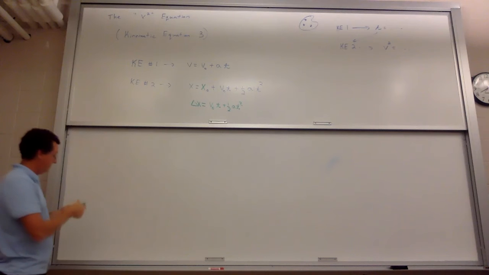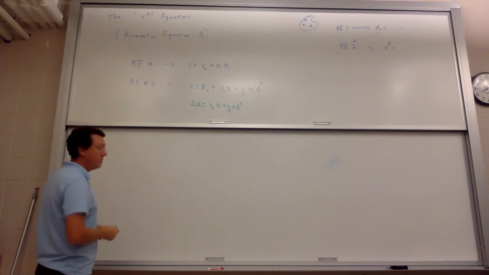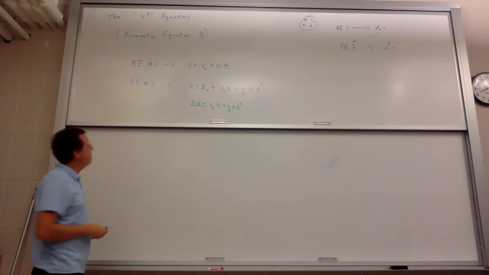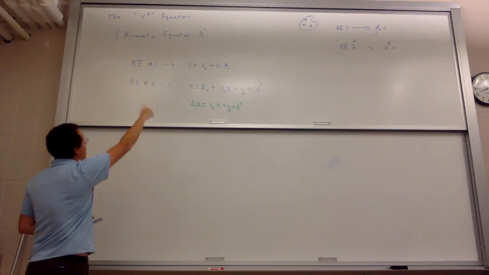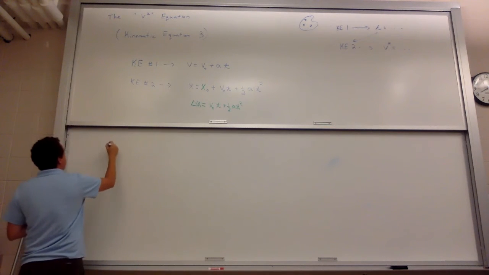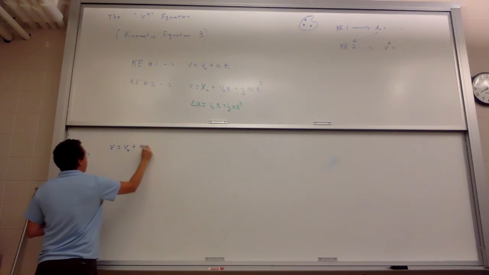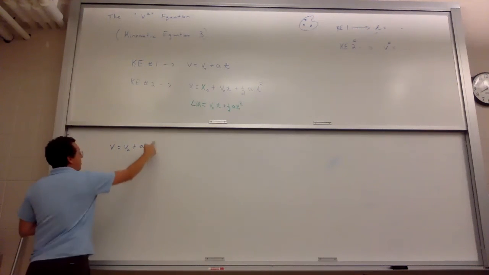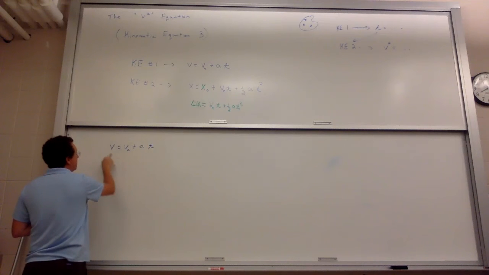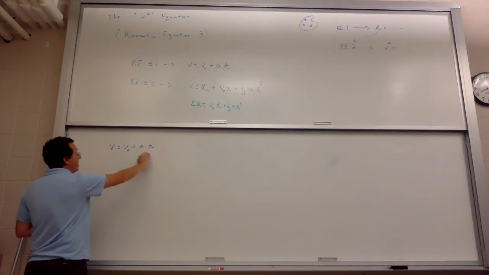Let's follow it. I start with kinematic equation number 1, and I rearrange it for time. So that says v equals v initial plus a t. If I want to solve for t, I can subtract the initial velocity over to the other side and then divide by a.